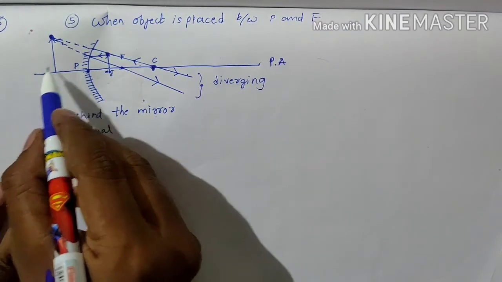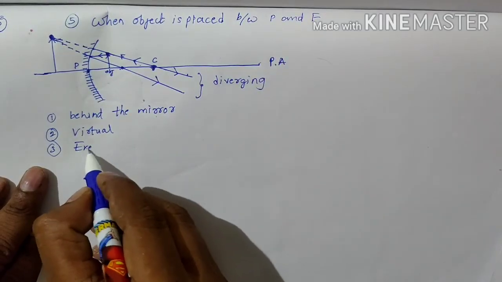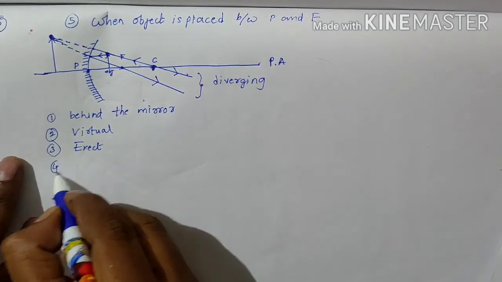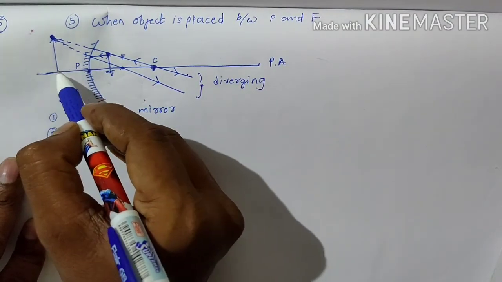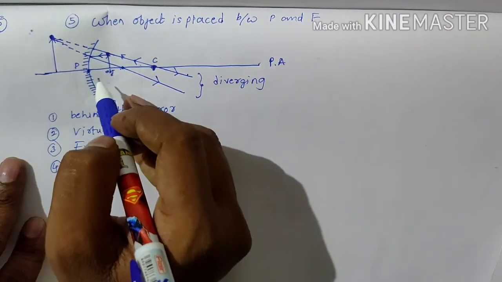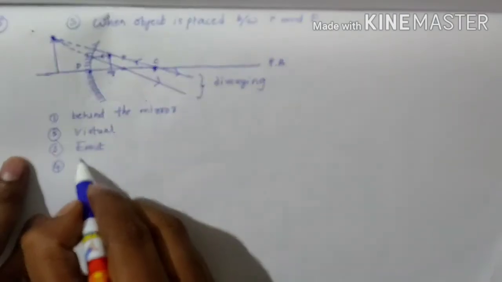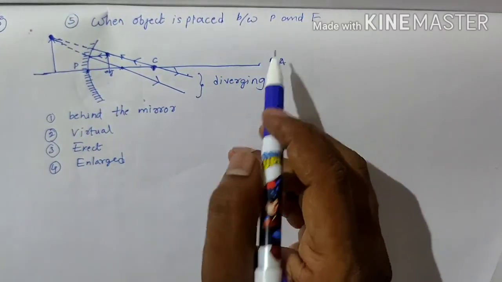And if you see, the image is above the principal axis, so it is an erect image. If you check the size of the object and the size of the image, you will find that the size of the image is much bigger than the size of the object, so it is an enlarged image. These are the characteristics of the image formed when the object is placed between pole and focus.